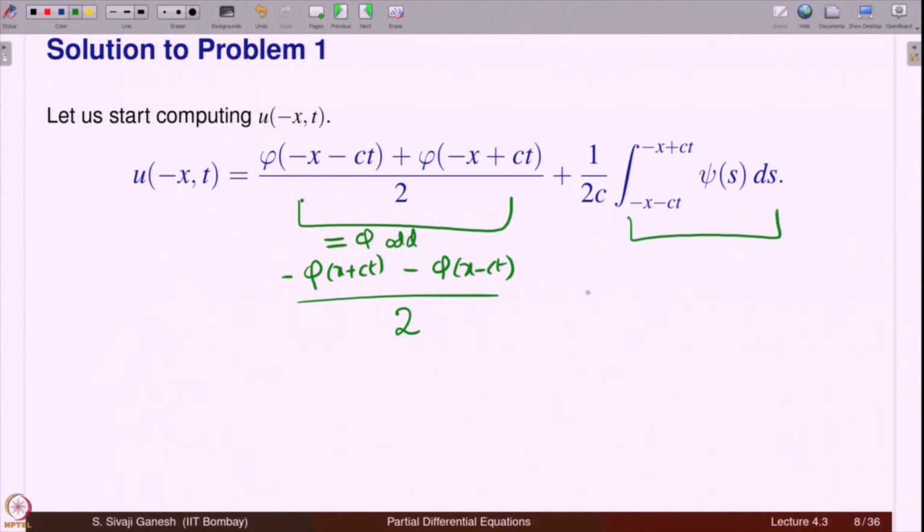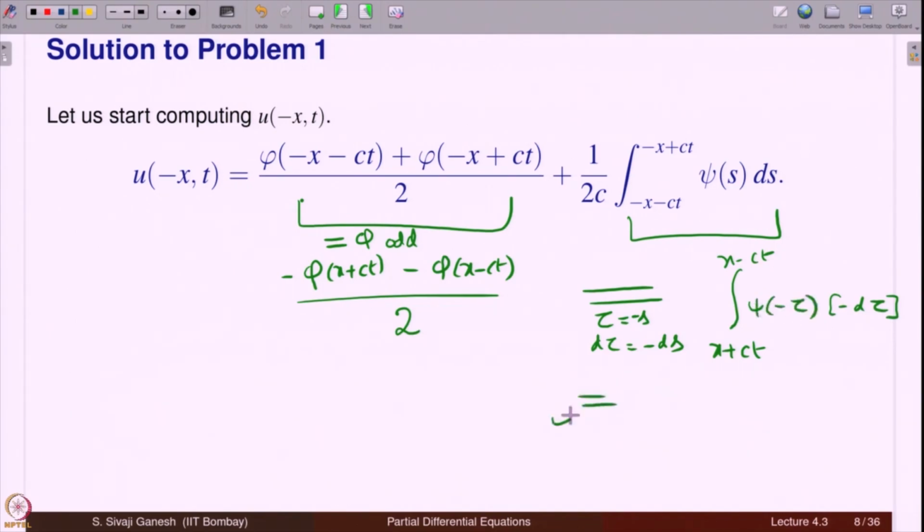Once again use s equal to minus tau, so d tau equal to minus ds. Therefore, the integral would become, it is s equal to minus tau, right. So, when s is equal to this, tau will be minus of that, which will be x plus Ct to x minus Ct. ds is minus d tau as before, and psi of minus tau.